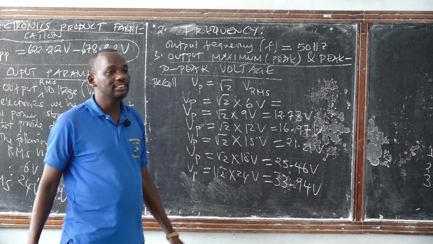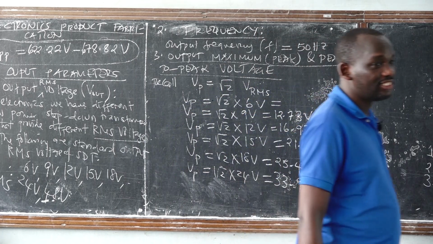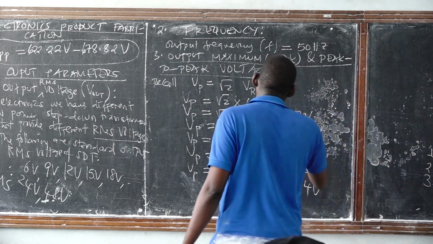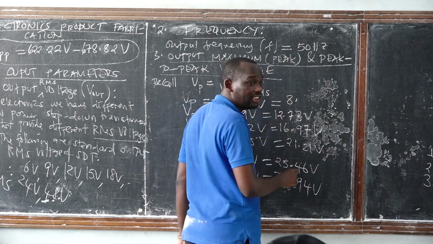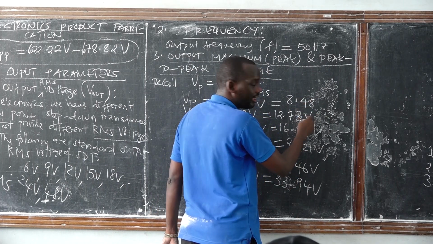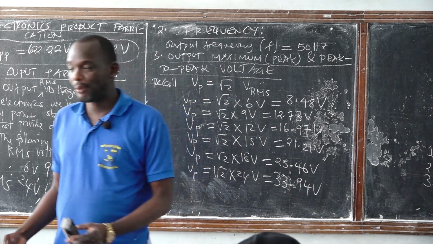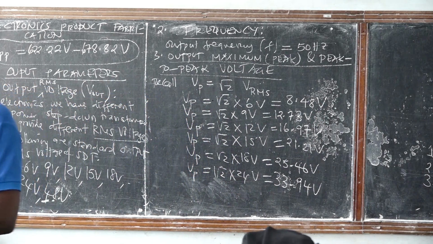Who can help Jacqueline? 8.48 volt. So now you have the maximum output voltage of different step-down transformers.